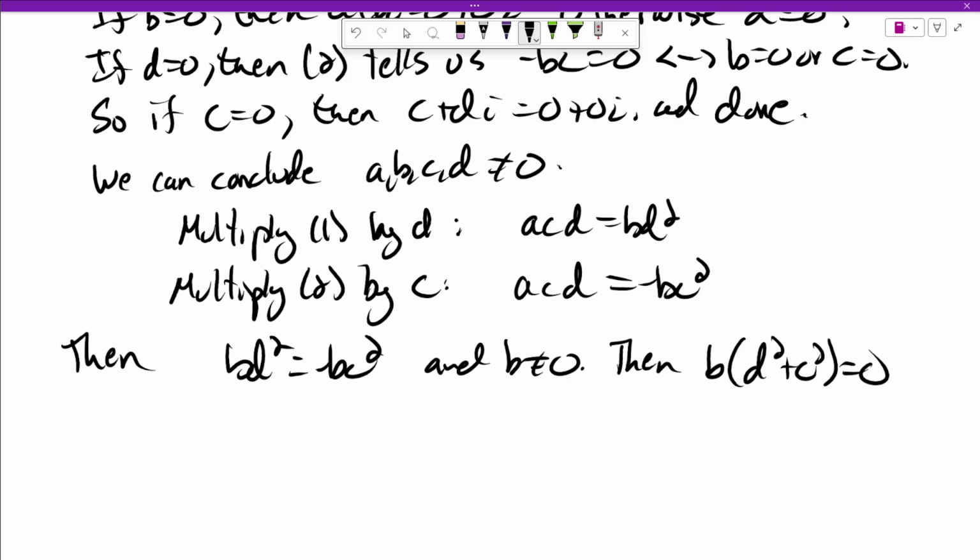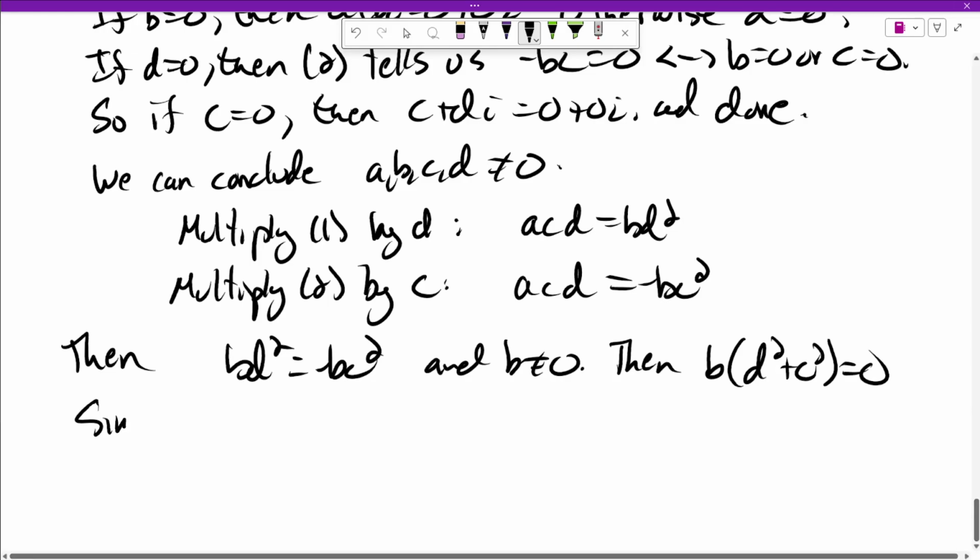And b is not 0, so what must be true? Well, since Z is a domain, it must be that c squared plus d squared is 0. But c and d are both non-zero.